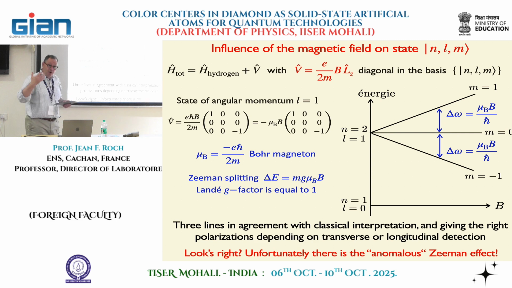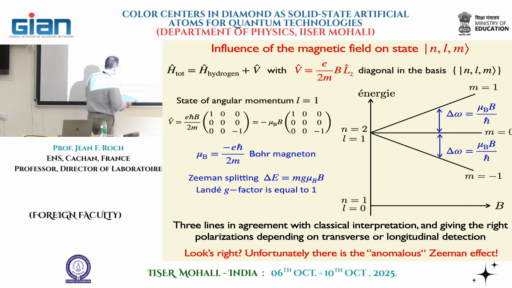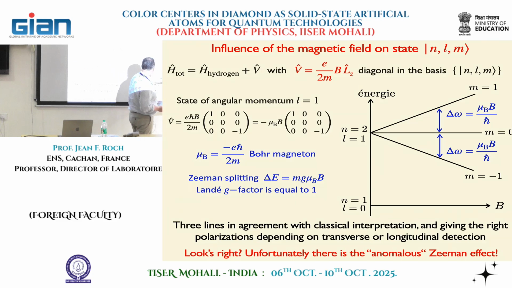You can also show that the transition from the ground state, n equal 1, L equal 0, to this line will have a linear polarization, as in the classical explanation.